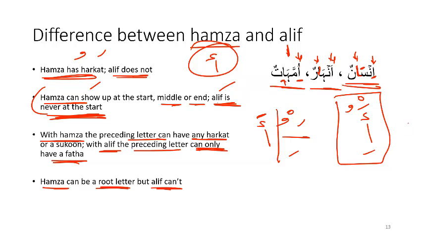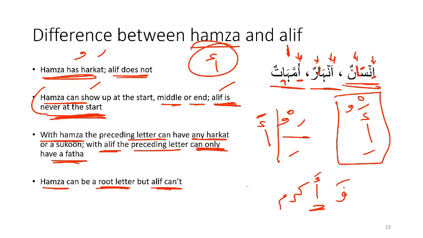But some are Hamzatul Wasl, others are not. For example, if you remember the Mazid fi babs, Bab-e-Ifal, Akrama, this Hamza is not a Hamzatul Wasl in the sense that if a fa comes before, you would still say fa Akrama.